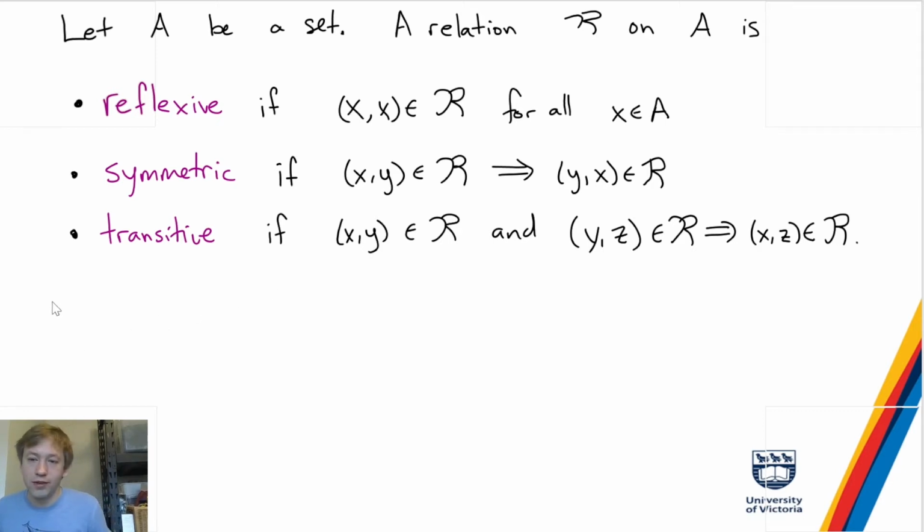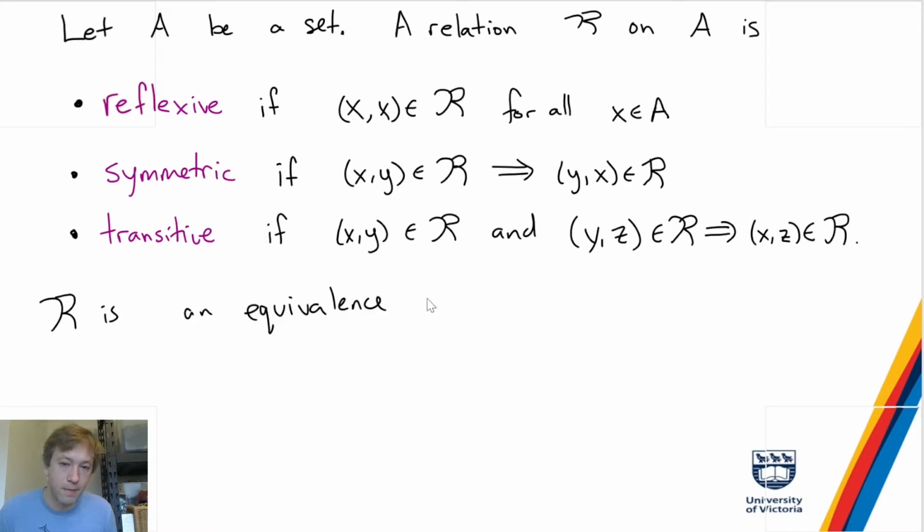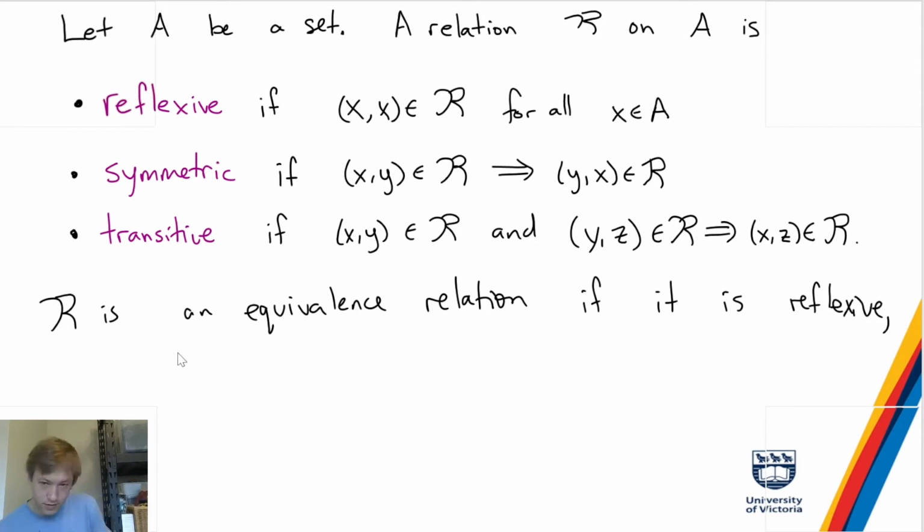Okay, and we recall that R is called an equivalence relation if it satisfies all three of these properties. So reflexive, symmetric, and transitive.